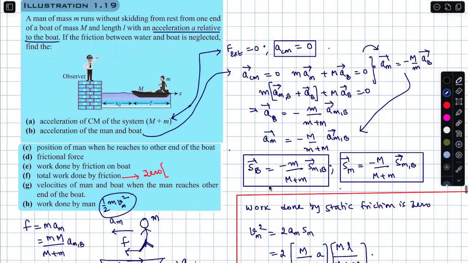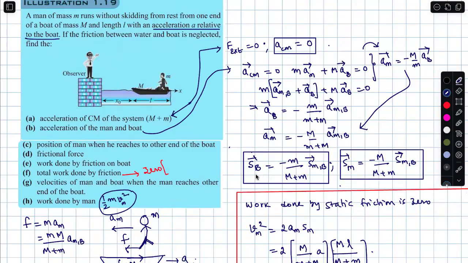In fact, displacement of boat is minus m by M plus m times displacement of the man with respect to boat. Using the same condition, you can say displacement of the man is minus M by M plus m times displacement of the man with respect to the boat. Keep this in your mind.